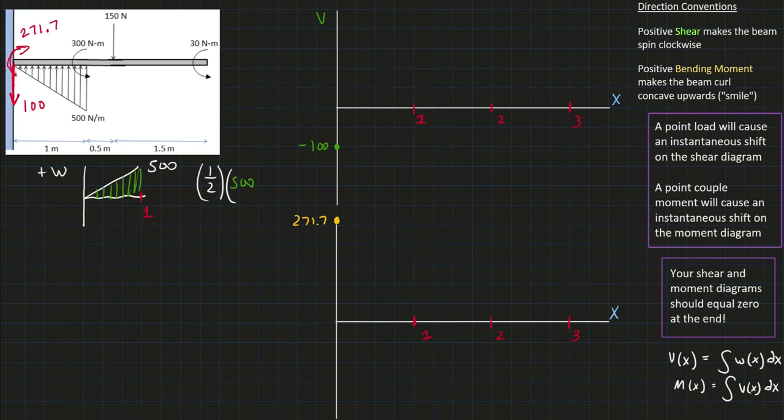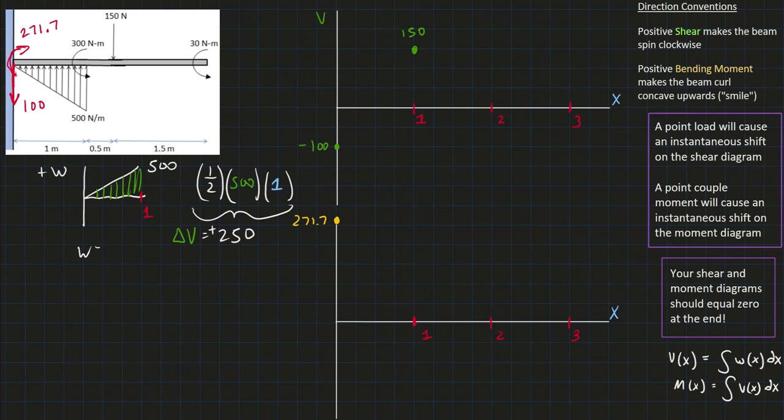So 1/2 times the height times our base, which will get us a change in our shear of positive 250. So if I go positive 250 up from this negative 100, that puts us at a positive 150.